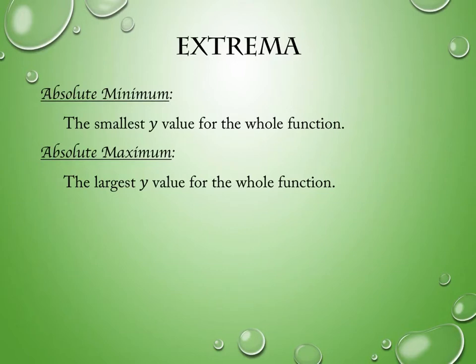Absolute extrema, or absolute maximums and minimums, are the smallest or largest y value for the whole graph, the whole function. It is as high as you go. It is as low as you go. There's no question.